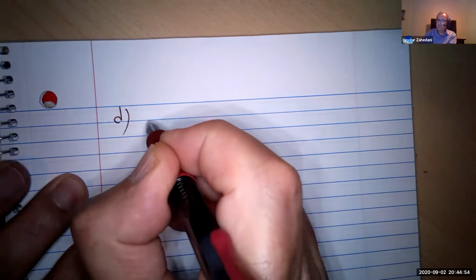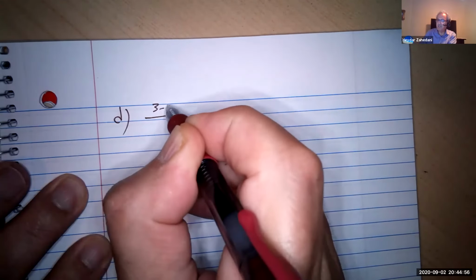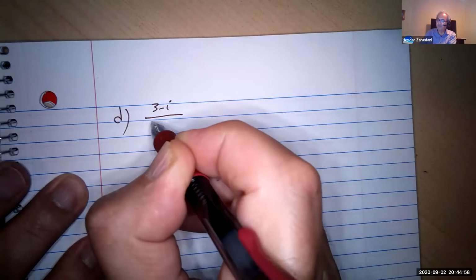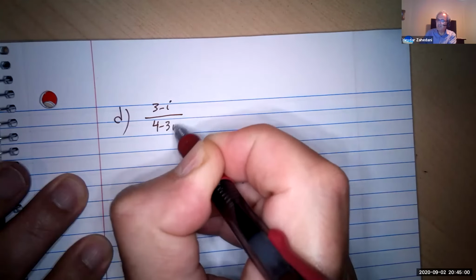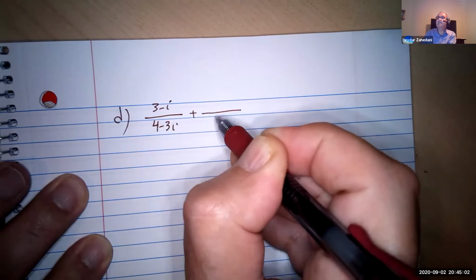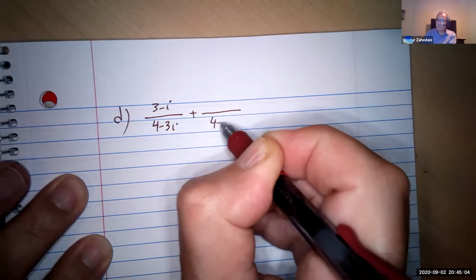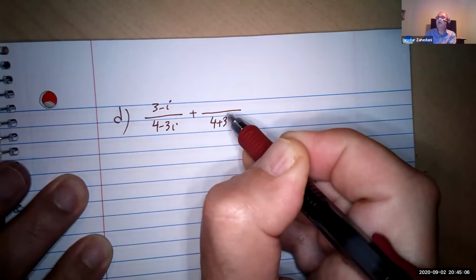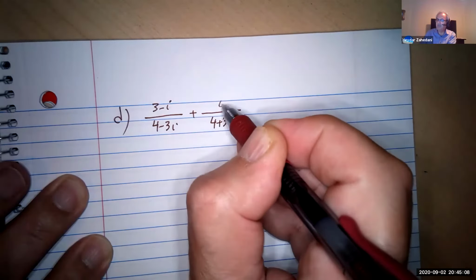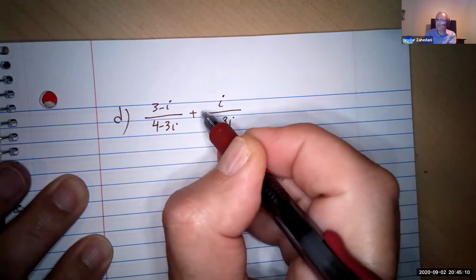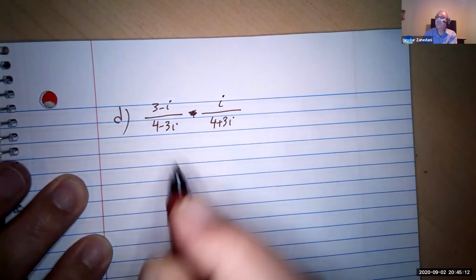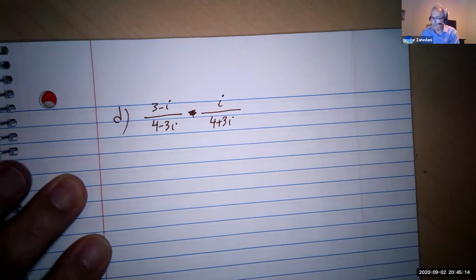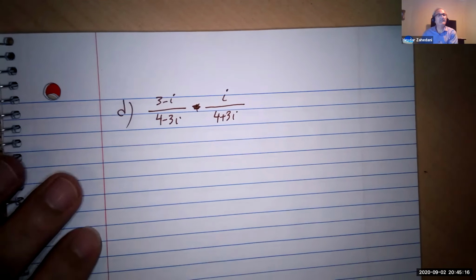This is D: (3 − i) over (4 − 3i), plus (4 + 3i) over... and the i on the top, in fact, it's a minus. Yes, that's it.